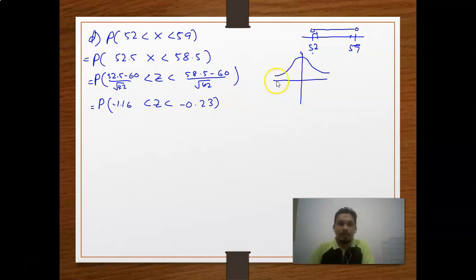Now negative 1.16 and here is negative 0.23. So we bring this to the other side.